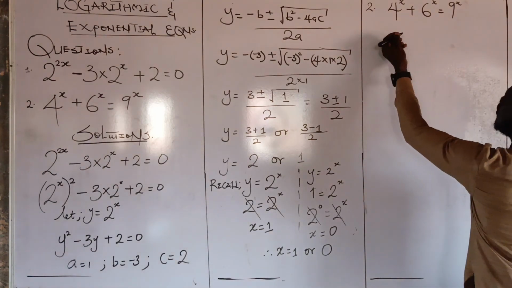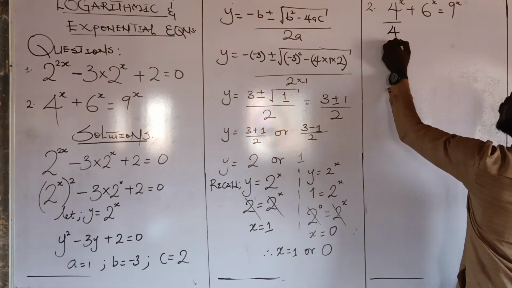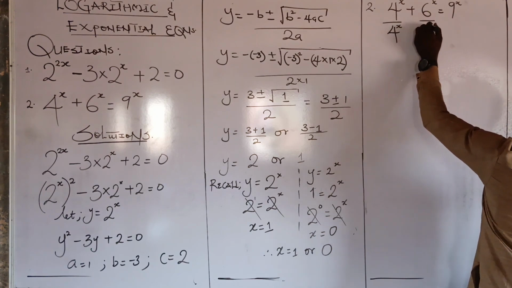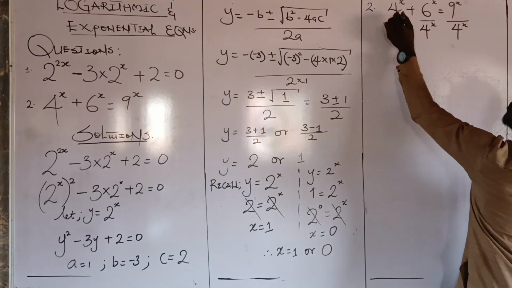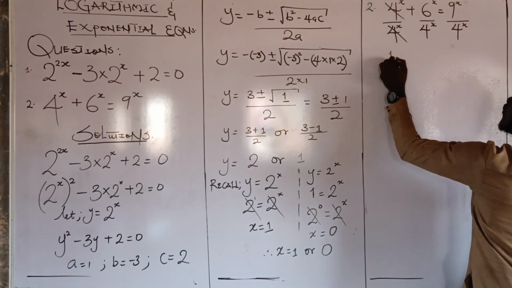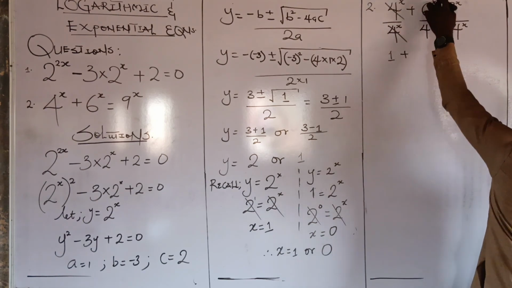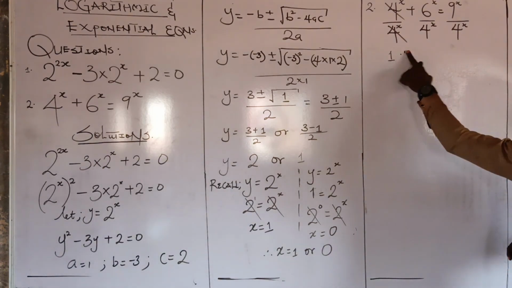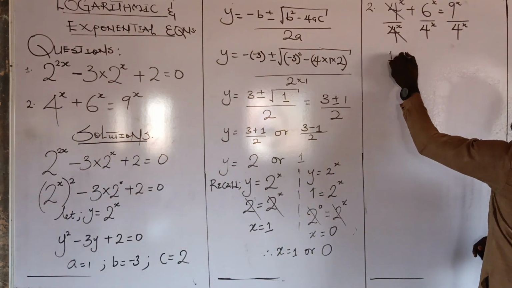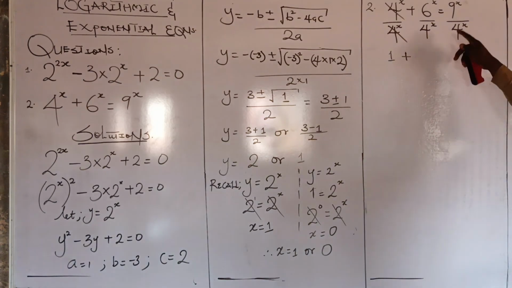So what we are going to do here is very simple. All you need to do is, first of all, divide all 3 by 4 raised to the power of x. So what happens here? 4 cancels out 4, and we have 1. So 1 plus, what is here? 6 and x is here. I've already explained in my previous classes, in my logarithm class and my indices class, what I want to do here now.